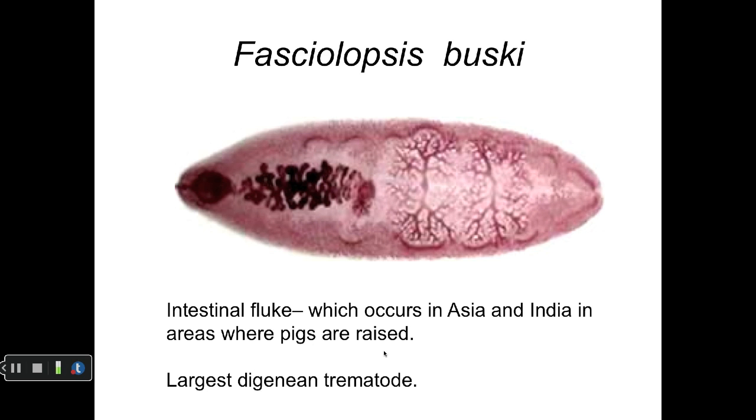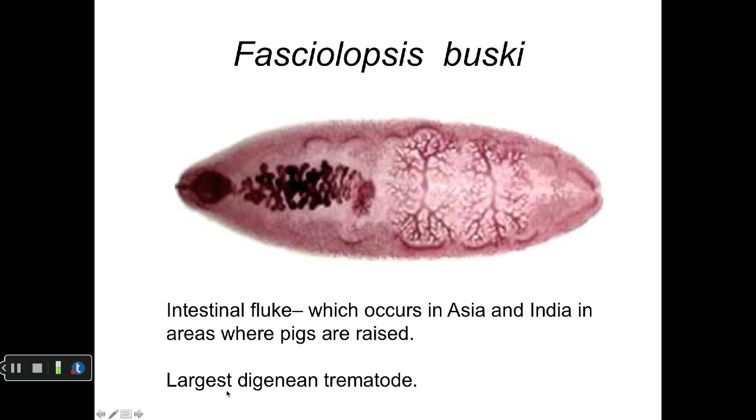The next parasite is called Fasciolopsis buski, and as you can see, at least superficially, it resembles Fasciola hepatica. It's quite large and leaf-shaped. Notice the absence of the cephalic cone and the lack of those shoulders.